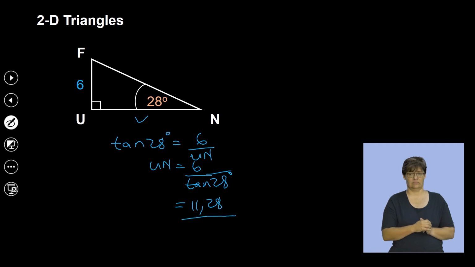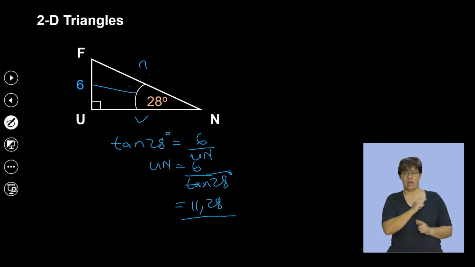11.28. And then if I want to find now FN, which is the longest side, I will then use sine. Why? Because I'm given the opposite side in relation to the angle, and I'm trying to find the longest side of this triangle. So this will then be sine 28. Okay, let me just erase that and write it properly.